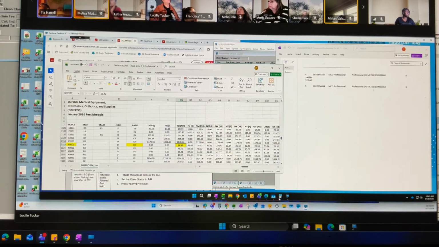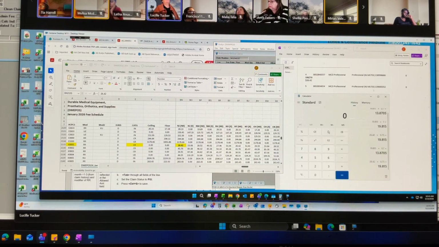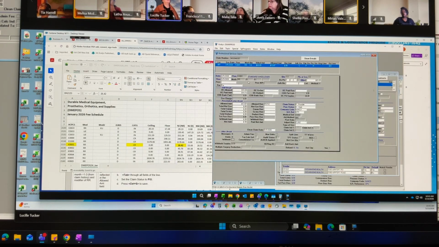And then when I did my math, 75% because of the rental, because it's a capped rental. Yes. So they are indicating by the KJ modifier that they are in rental month 4 through 15. Okay, I'm good. I just wanted to make sure I was seeing it right. Yep. All right. Thank you.